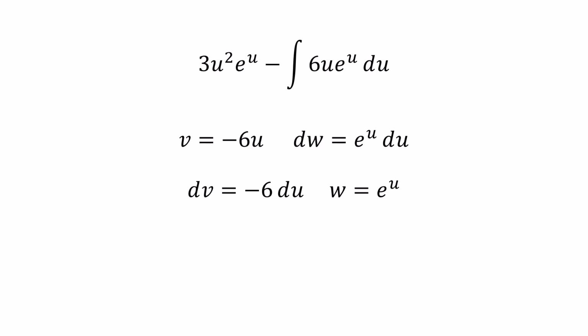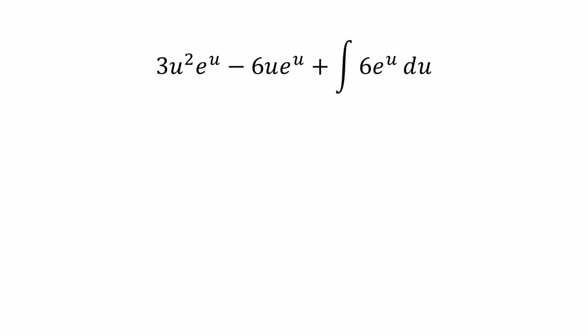Applying the integration by parts formula then gives 3u squared e to the u minus 6u e to the u plus the integral of 6 e to the u du.